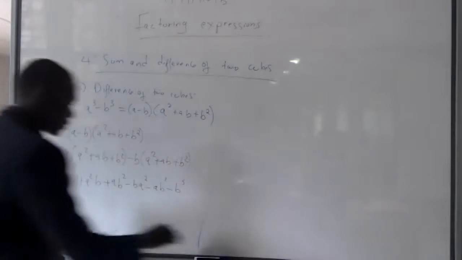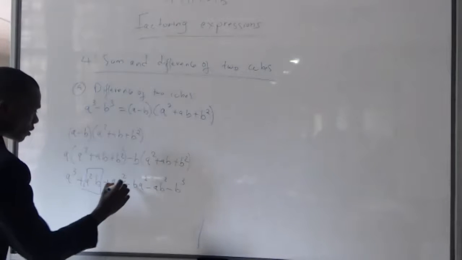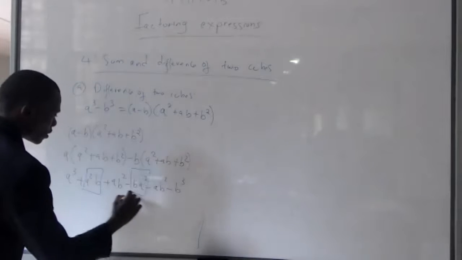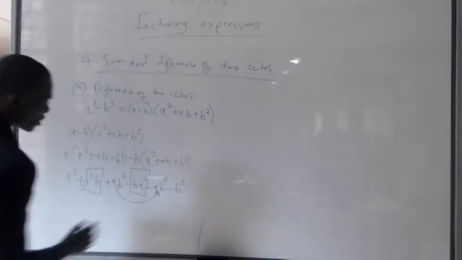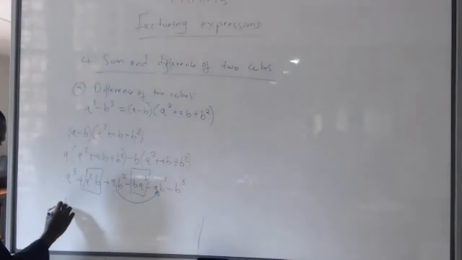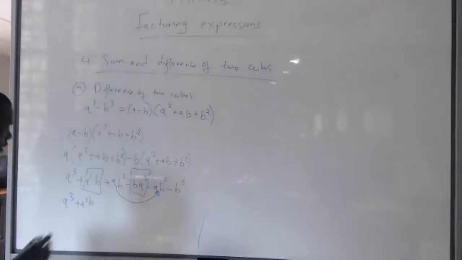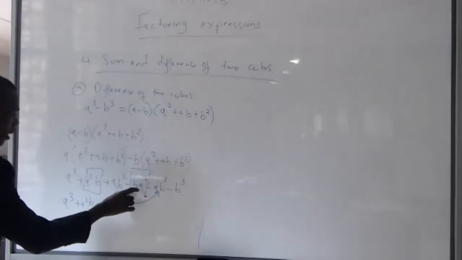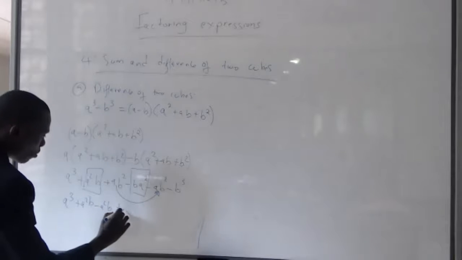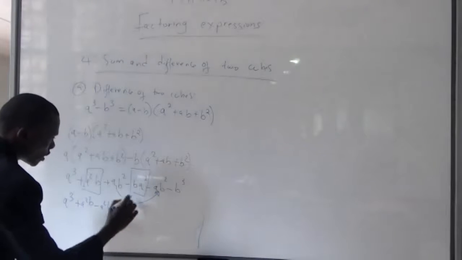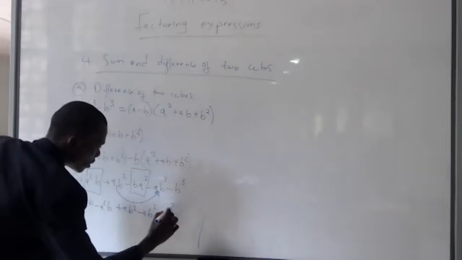Then you realize that a squared b is the same as b a squared, and ab squared is the same as ab squared. So this is going to be a cubed plus a squared b, combine the like terms, minus a squared b plus ab squared minus ab squared minus b cubed.